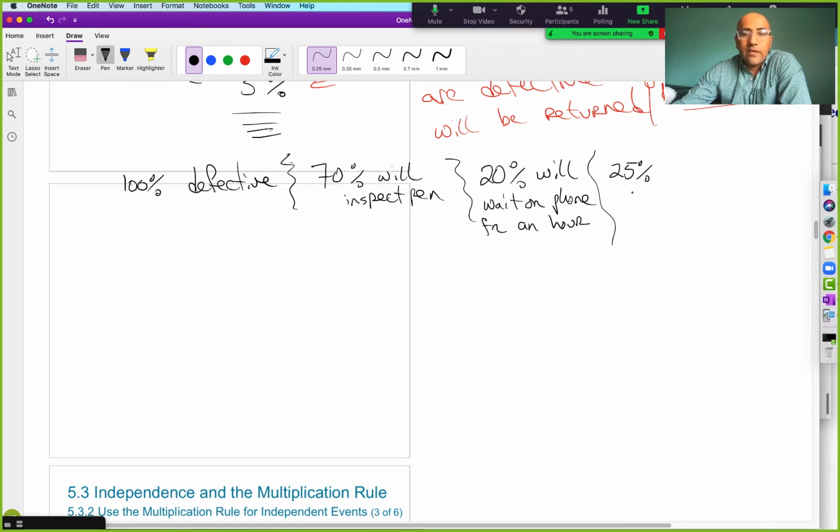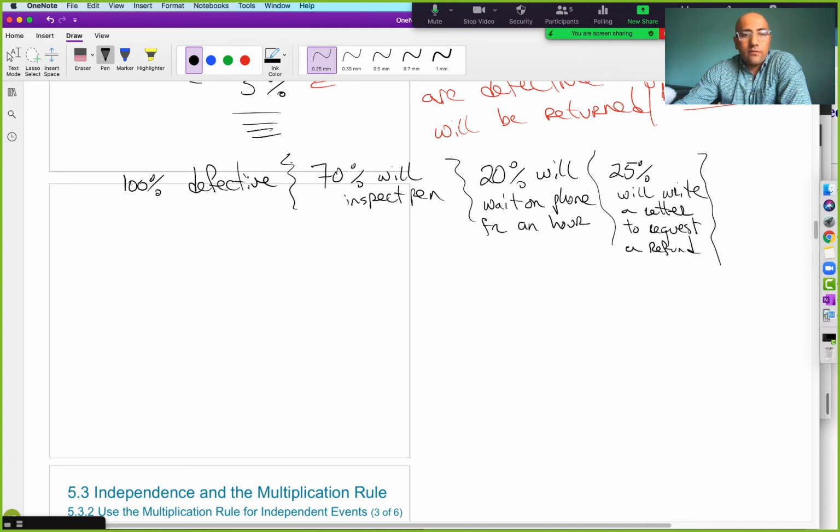So 25% will write a written request, a letter to request the refund. Okay, fantastic. That's the process.